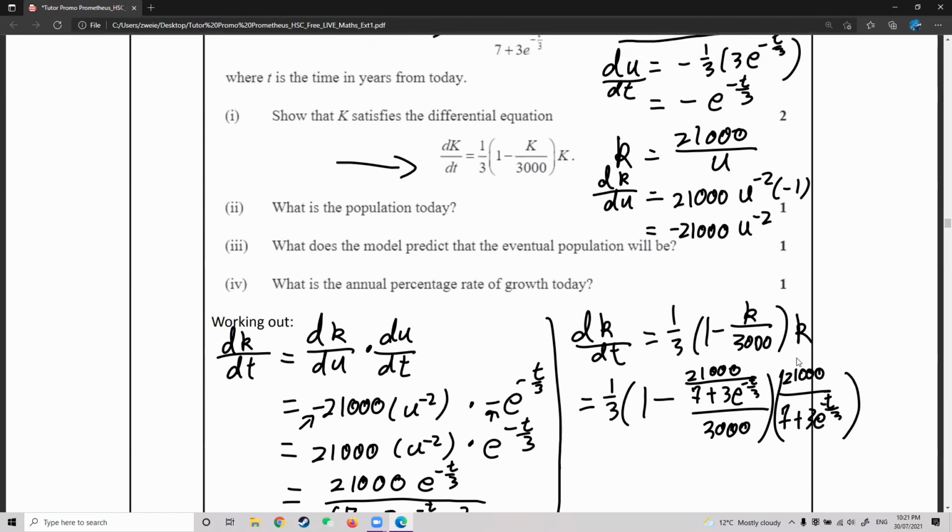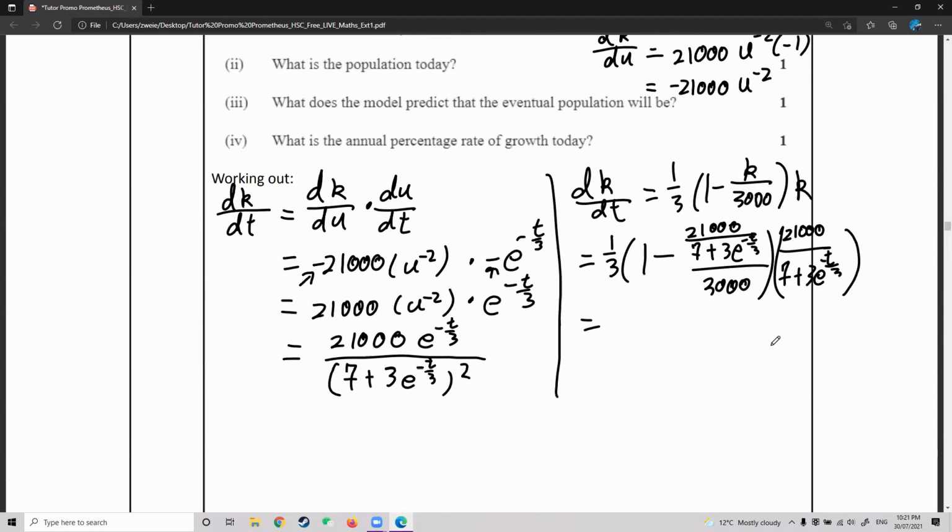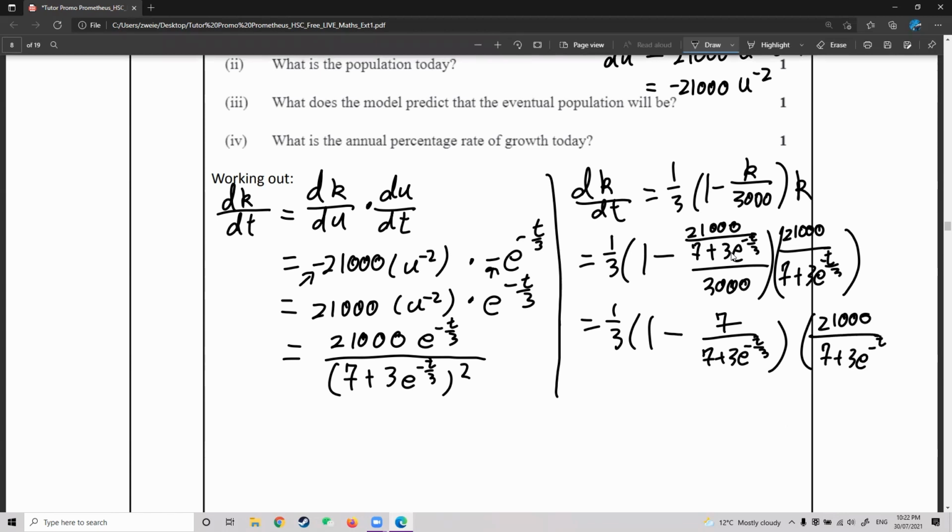Okay. Now I'll simplify. So 1 minus 21,000 over 3, dividing by 3,000, that just gives me 7. Yep, I get 7 on 7 plus 3e minus t on 3, and then over here I still get 21000 over 7 plus 3e minus t on 3.